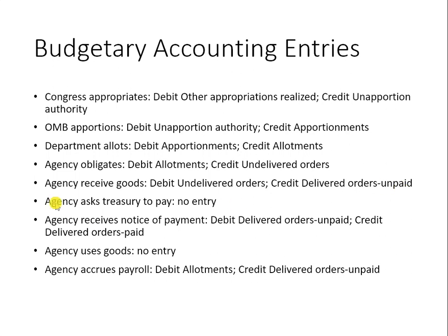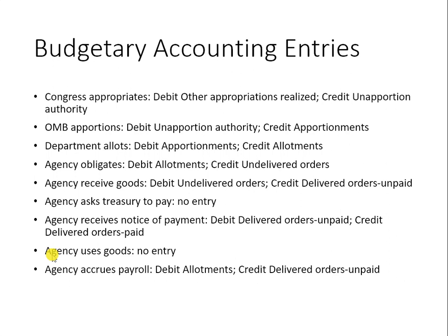Then the agency is going to ask the Treasury to make the payment. There's no entry for the budgetary accounting. When the agency receives notice from the Treasury of the payment, it's going to debit delivered orders unpaid and credit delivered orders paid. Then the agency uses those goods or services, which is no entry.